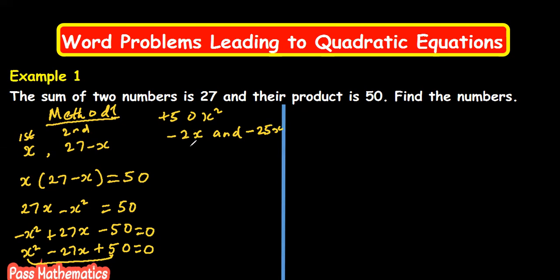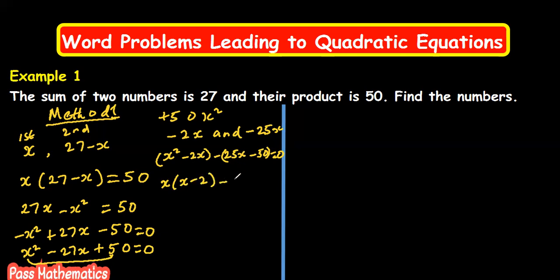So we will substitute these factors into this. Yes, we will replace this 27x with this one. So we are now having x squared minus 2x in brackets, and then we have minus 25x plus 50 in brackets equal to 0 here. So now we can factorize, x is coming out. So we have just this.